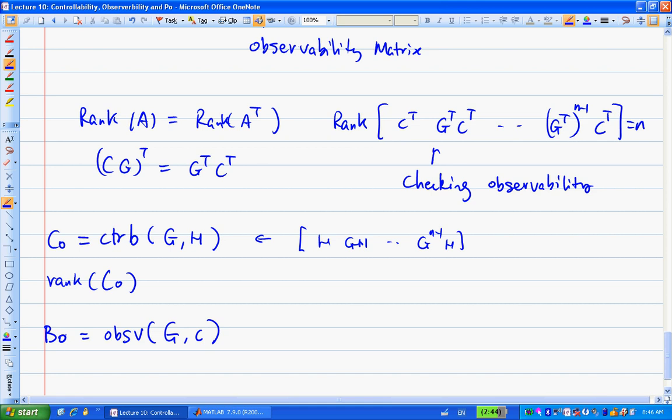Then you take the rank of this, and the result should tell you: if it's n, then it's observable. Otherwise, not. So that's basically observability and controllability.